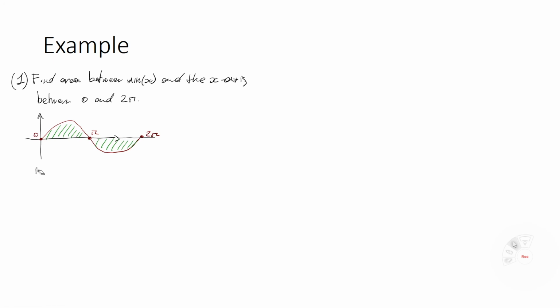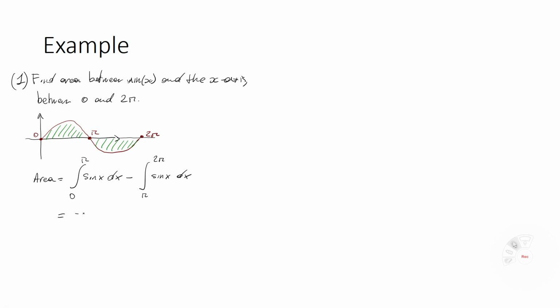So for the area, we know that we have to look at where the function crosses the x-axis, which is at pi. And then we have to add the areas above the x-axis with a plus sign and the ones below with a minus sign. So in this case, this gives us integral 0 to pi sine x dx, minus integral pi to 2 pi sine x dx.